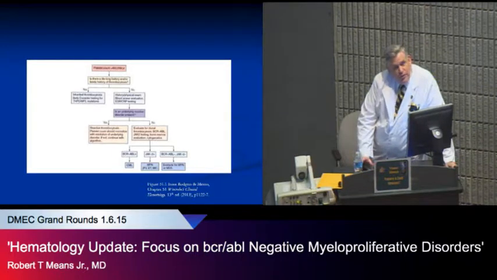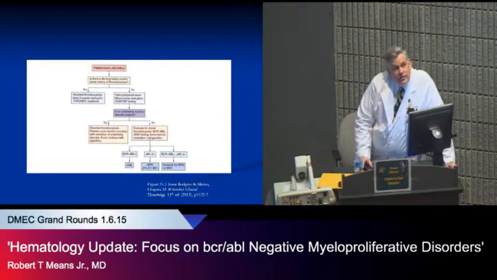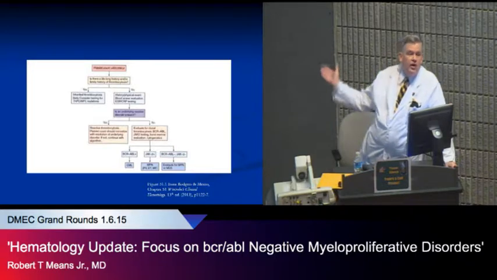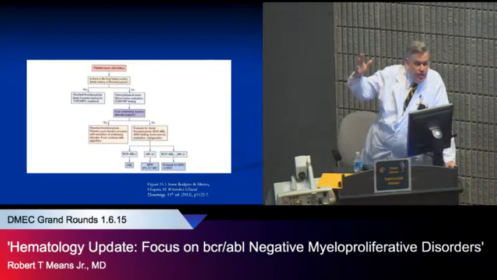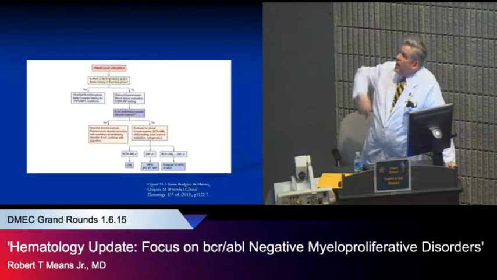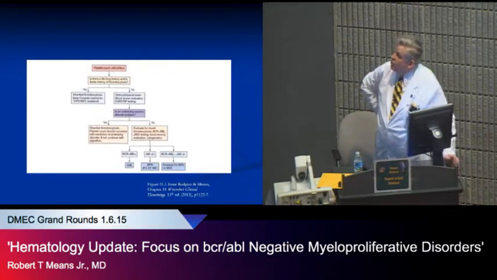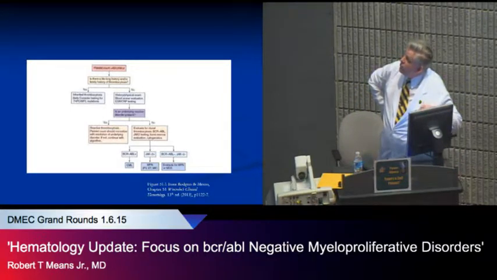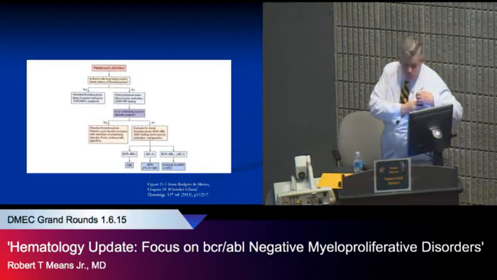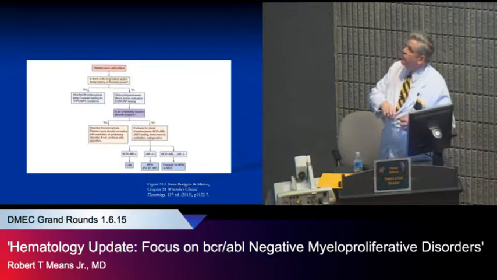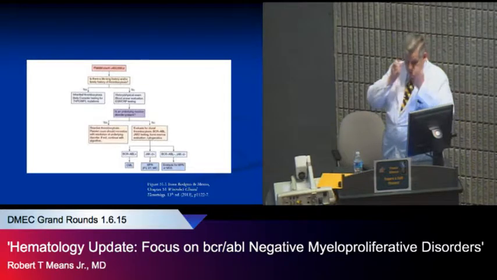This is an outline of an approach to thrombocytosis. You decide if the patient has a family history or a lifelong history of thrombocytosis. If so, you think hereditary or genetic disorders. If the patient has some kind of inflammatory state, then that is likely to be the cause. Otherwise, you would think about testing for BCR-ABL and JAK2, which we'll talk about, and you would consider a bone marrow examination.